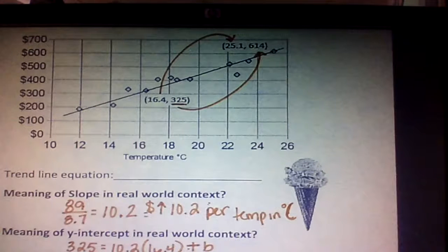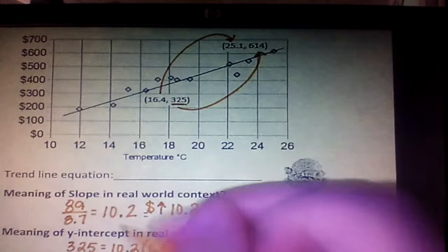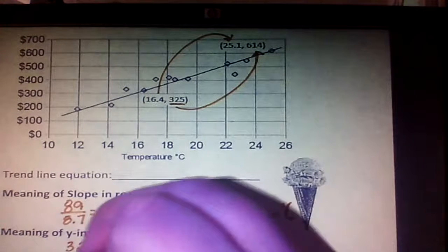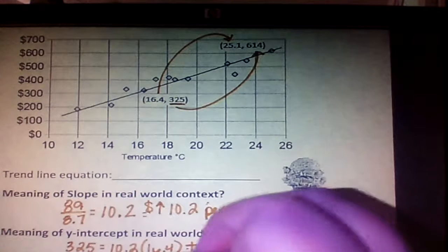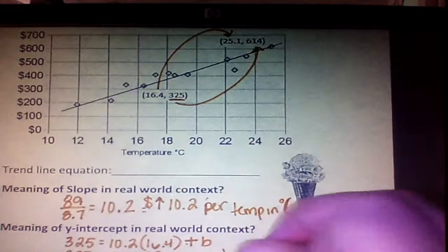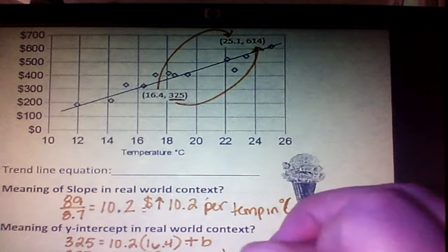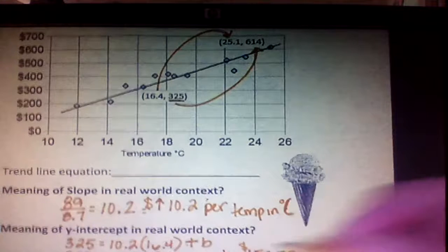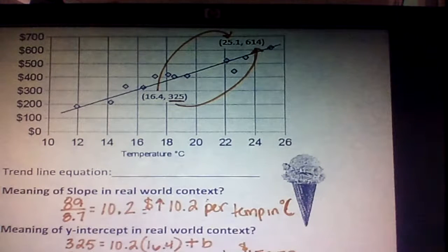So 10.2 times 16.4 is 167.28. Subtract that from 325. And my B is approximately 157.72. So what does that mean?